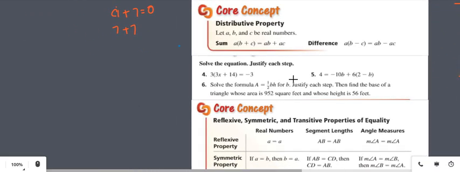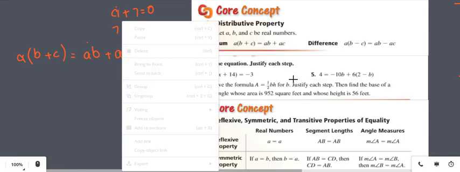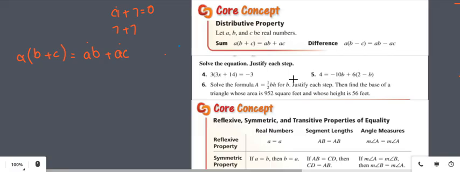It means that if you are adding b and c first and then multiplying a with it, the result would be the same if you multiply a with b, then multiply a with c, and then add these two terms.